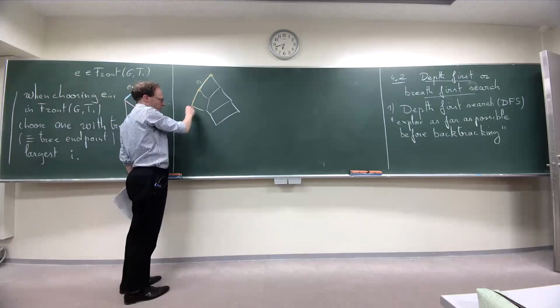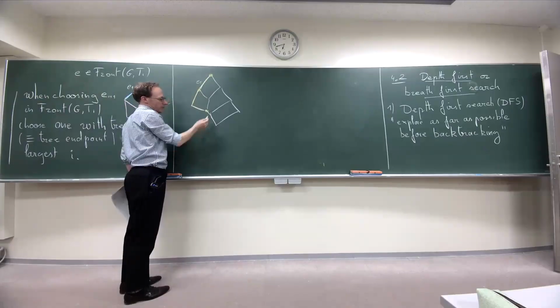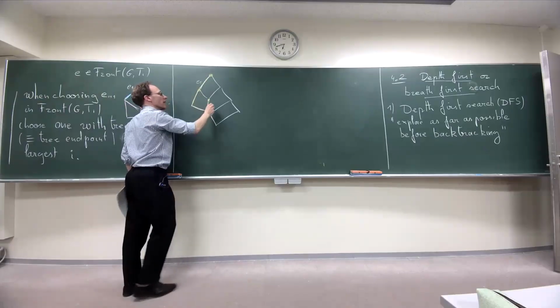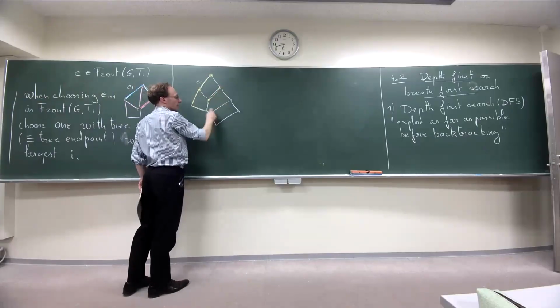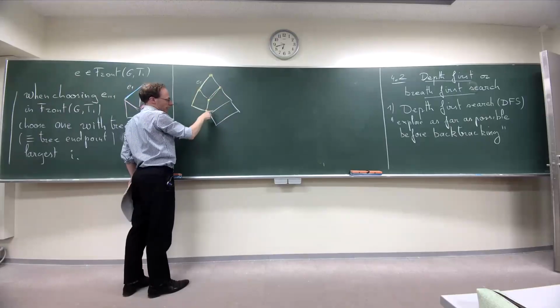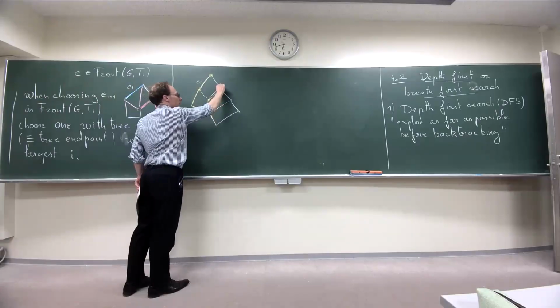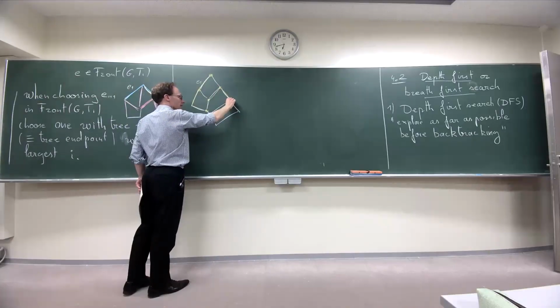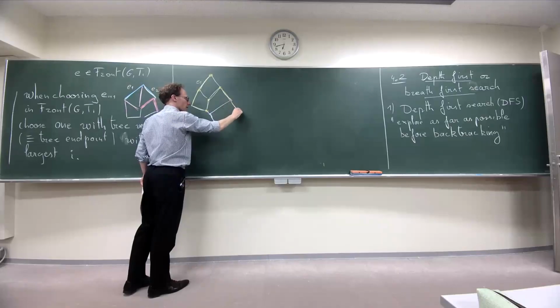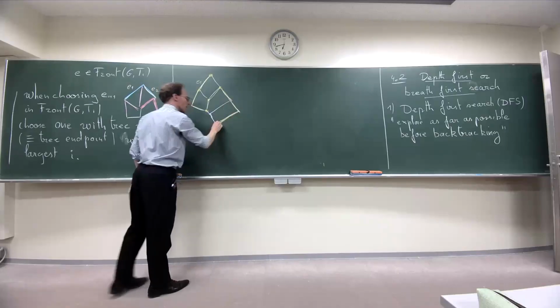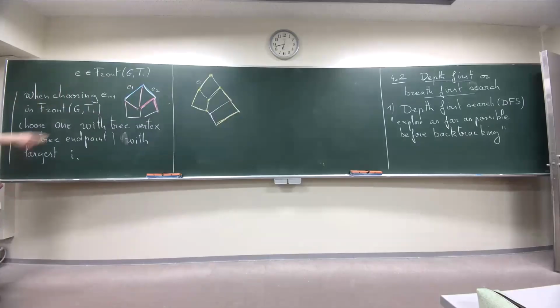Now, if I continue with this algorithm, I need to start from here. Then I have to start from here. Then let's say here. Still, it's not unique. I had a second solution at one point here, now here, and let's say this one. It's not a spanning tree yet, but at least I follow this rule.